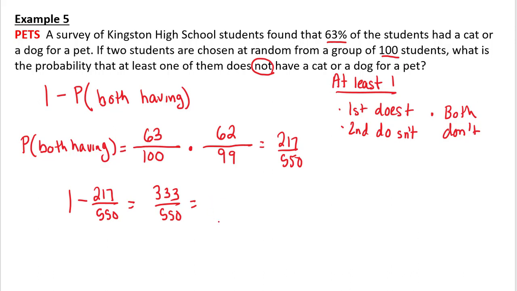And just so you know, that is 0.61. So a 61% chance of at least one of them not having a pet.